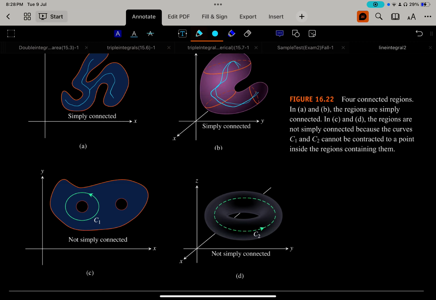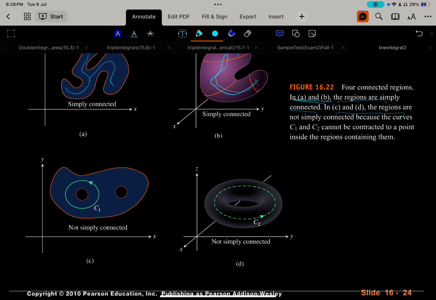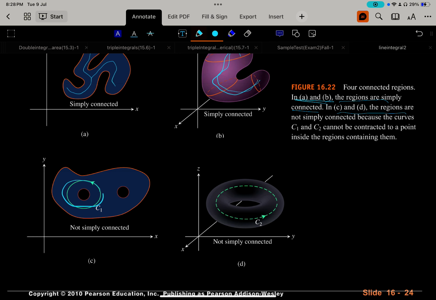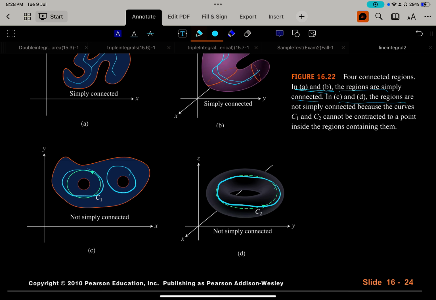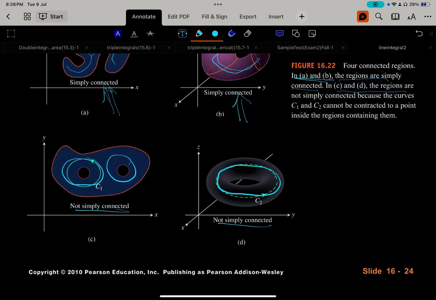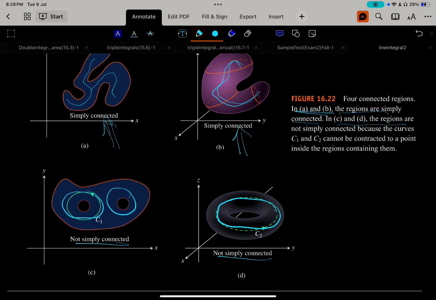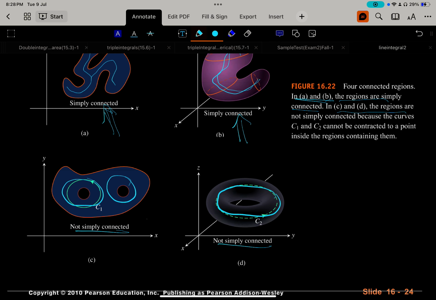So A and B are simply connected, and in C and D the regions are not simply connected, because there are some loops. This is a whole loop, and that's basically not simply connected. The simply connected ones do not have any loops or circles.